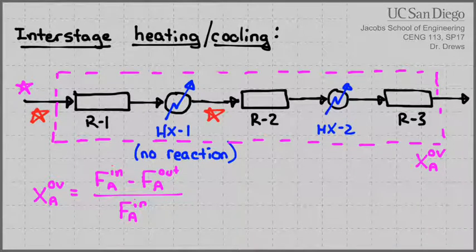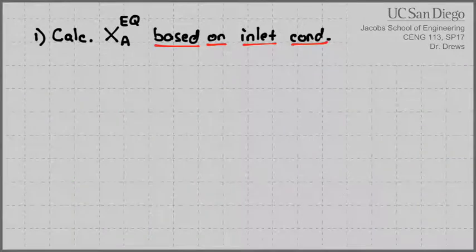At the very least, even if the temperatures were the same, I now have more stuff inside there. And so my expression for KEQ, the concentrations of some stuff over other stuff, is going to be different. Although they are different, the dirty trick we are employing is we're only going to calculate it once, and it's going to be based on that inlet condition.